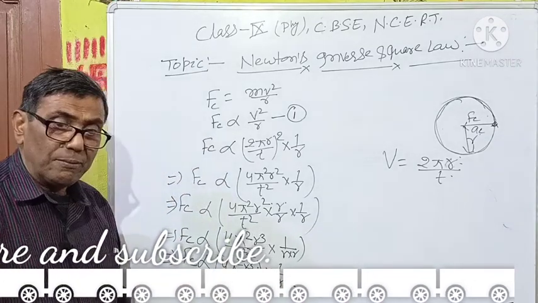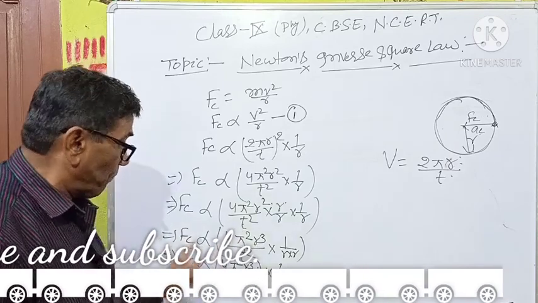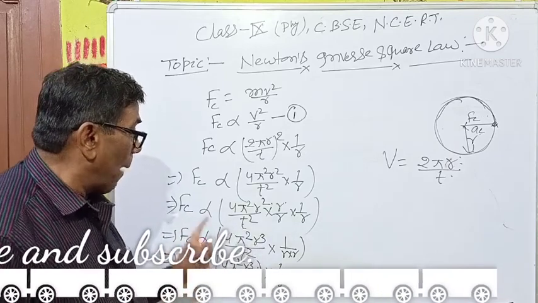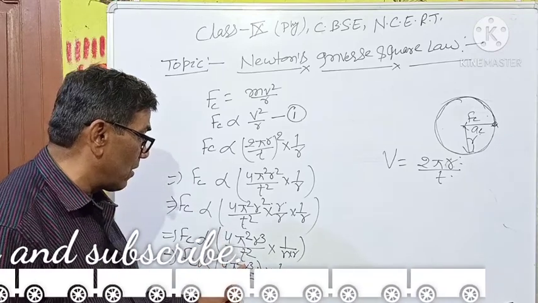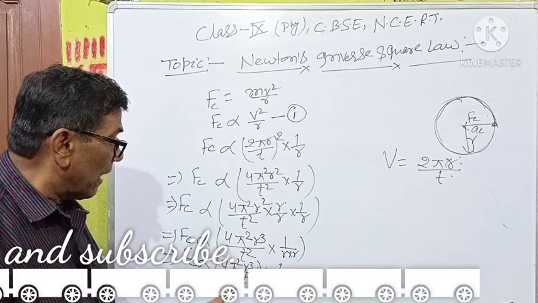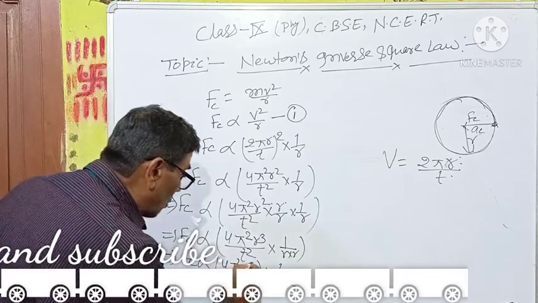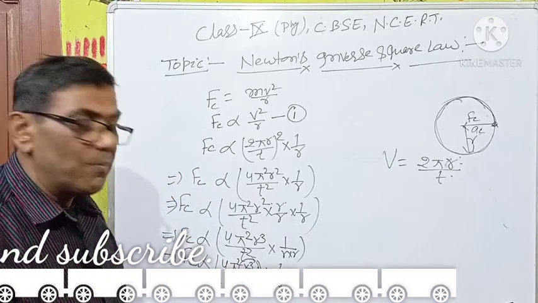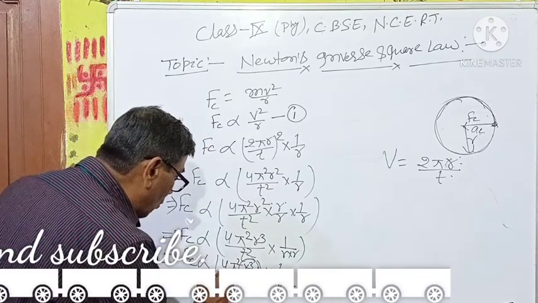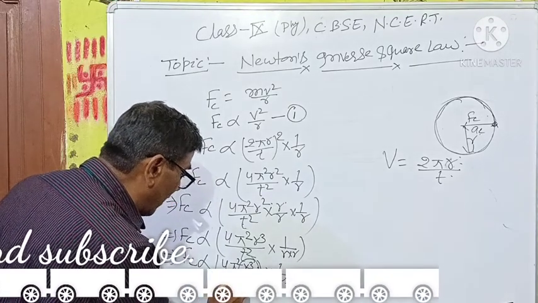So you know Kepler's law of planetary motion. According to the third law of planetary motion, r cube is directly proportional to the square of the time taken, so r cube by T squared is a constant term. 4 is also a constant term, and pi squared is also a constant term.